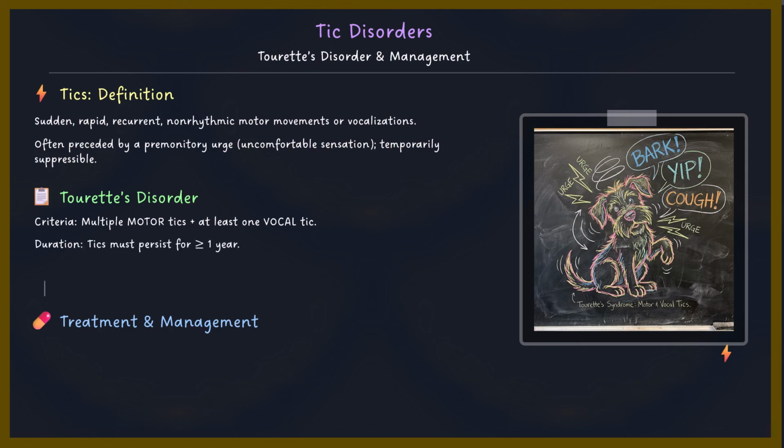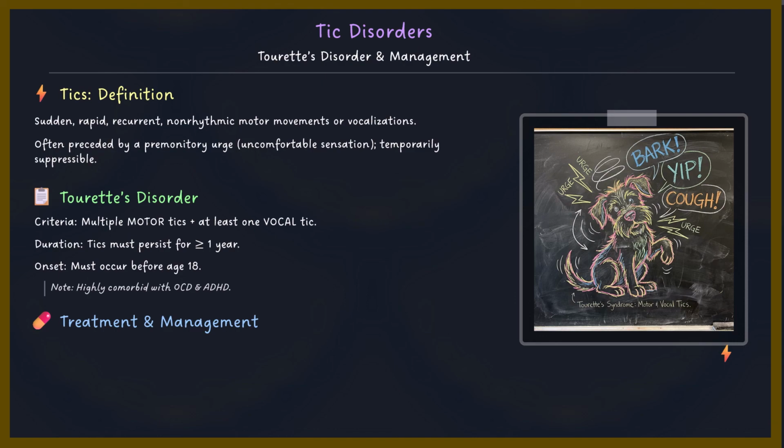Duration, the tics must persist for at least 1 year in order to have the diagnosis of Tourette's. Now, the onset must be before the age of 18 as well, and that's why it's a child psych disorder. Of note, highly comorbid conditions are OCD and ADHD.